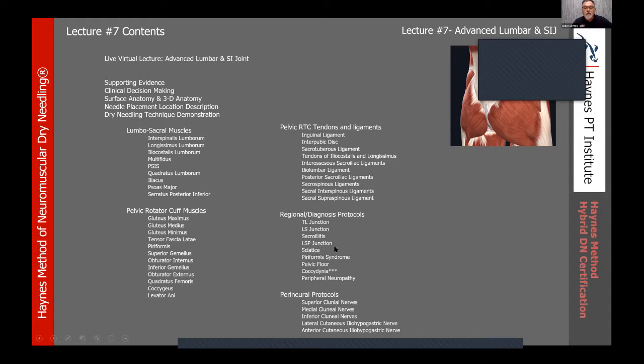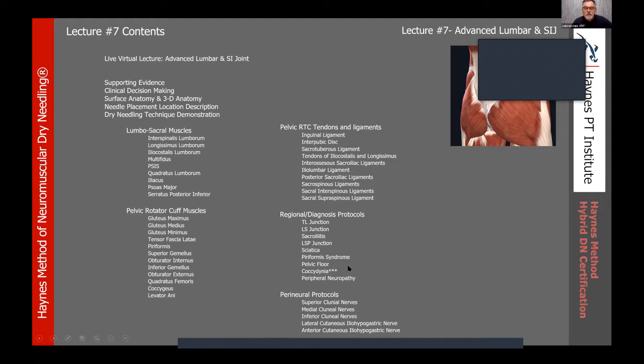We'll look at the lumbosacral pelvic junction, which is a lot of that back pain that radiates out to the hip, and how we have to treat that as a unit. We'll define sciatica, kind of a garbage can term, but it has a meaning. Piriformis syndrome. Again, we'll look at dry needling of the pelvic floor as it relates to the back itself.